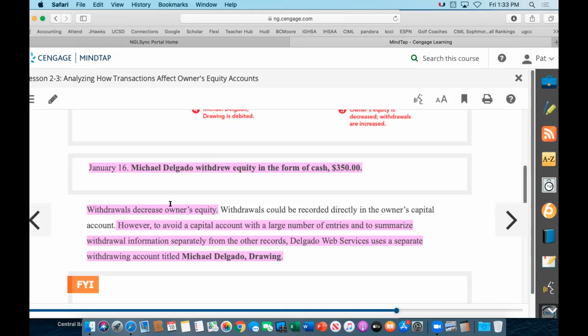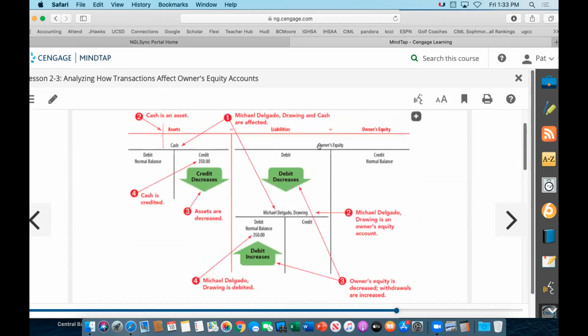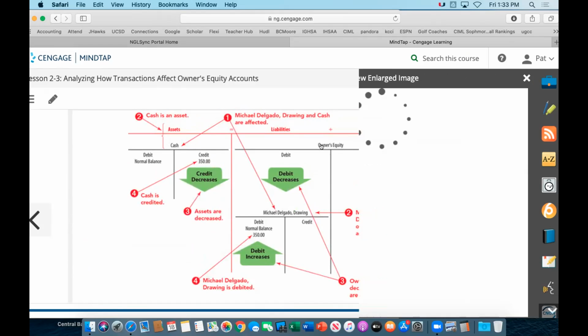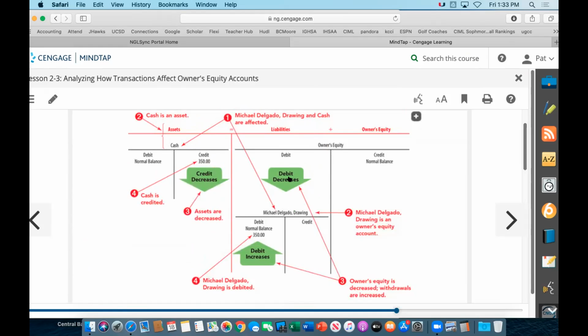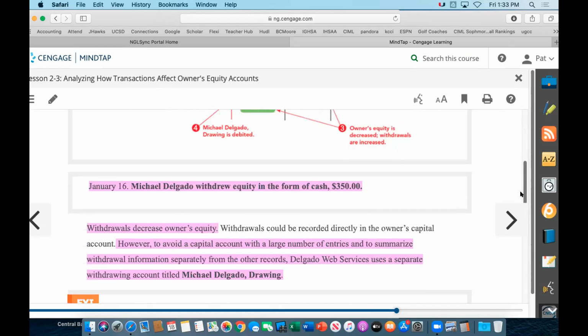And we wrote down right before, we said drawing is an owner's equity account. Again, we're in owner's equity. How do you increase it? With a credit. How do you decrease owner's equity? With a debit. Drawing is going to be a debit balance, meaning it will decrease owner's equity.